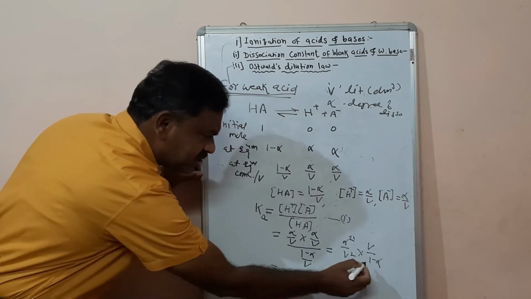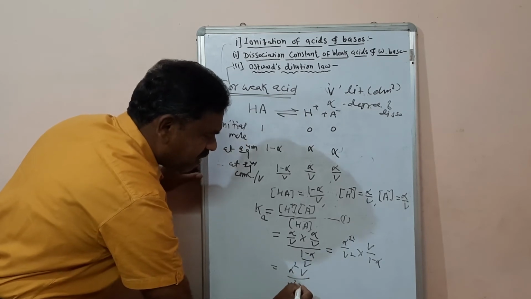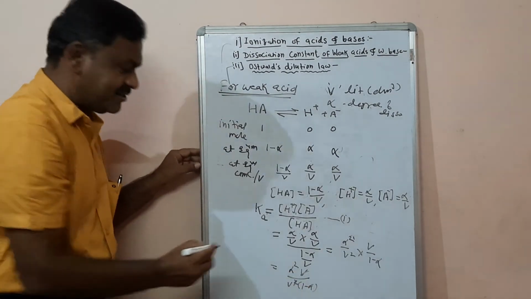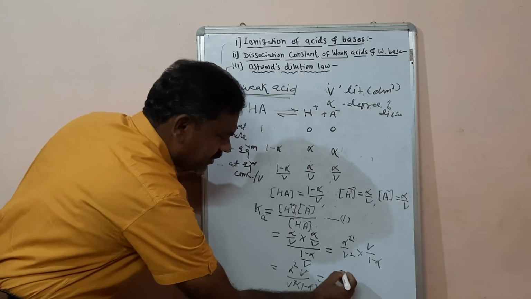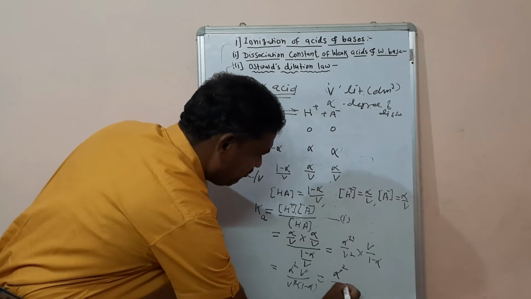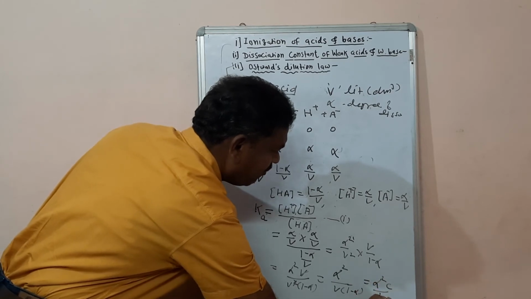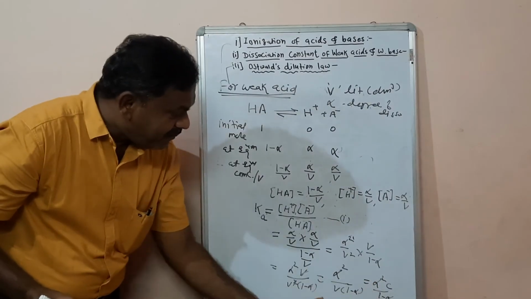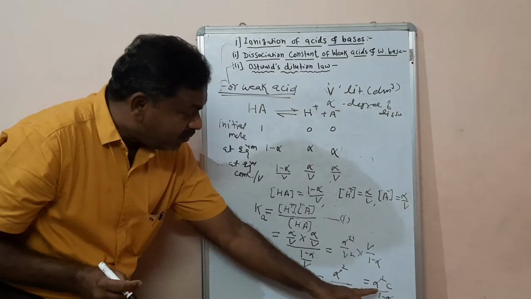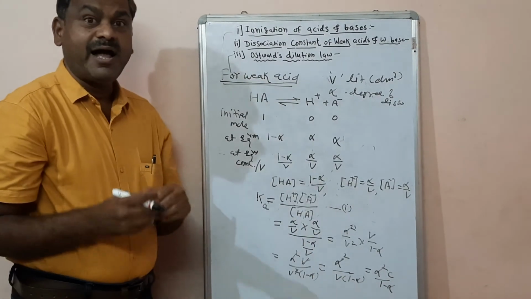One V and V square cancel, remaining alpha square upon V into 1 minus alpha, or alpha square C upon 1 minus alpha, because 1 upon V is nothing but the concentration C.